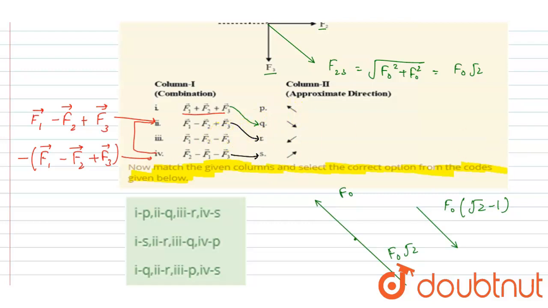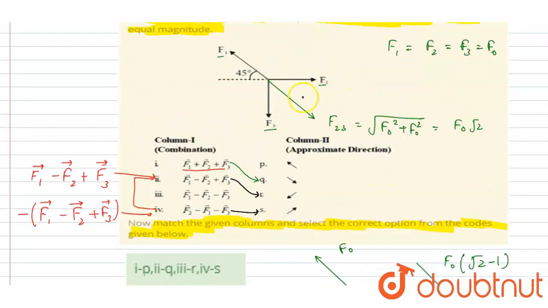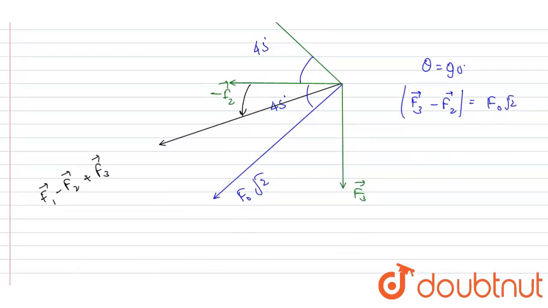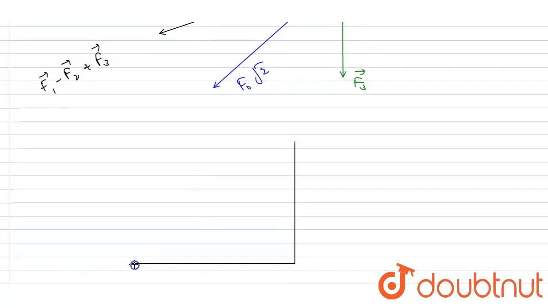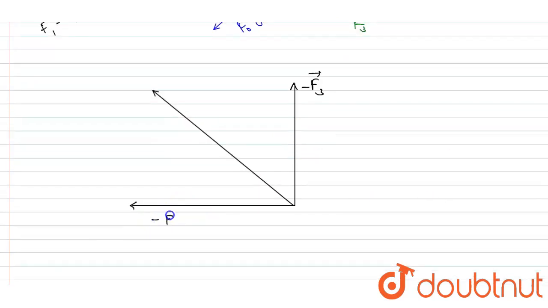Still, let's check. In the third option, F2 and F3 both are inverted. So if I invert both, if you see here, F2 and F3 both are inverted and F1 remains the same, like this. So this is minus F3 vector, this is minus F2 vector, this is F1 vector, right?